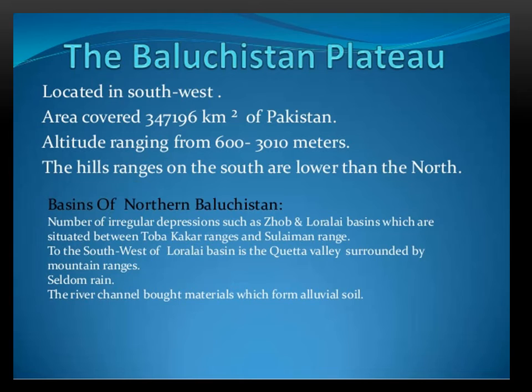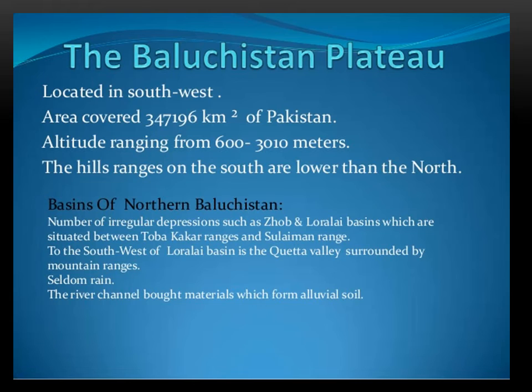The deposition of material brought by the river channels forms alluvial fans on the Piedmont Plains. The alluvial fans and Piedmont Plains will be explained in the next lectures, inshallah. But briefly, I want to tell you that it's a gentle slope leading from the foot of the mountains to a region of flat land.